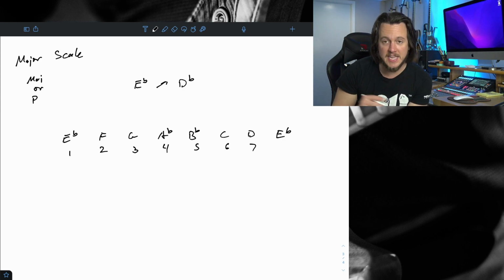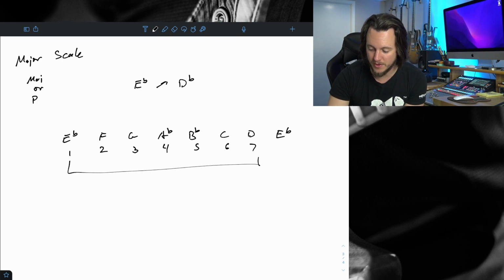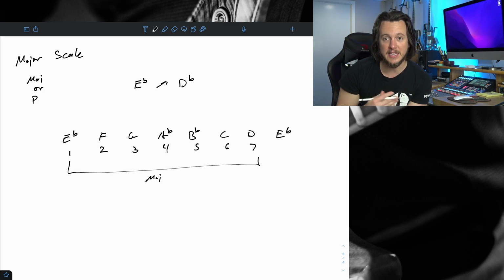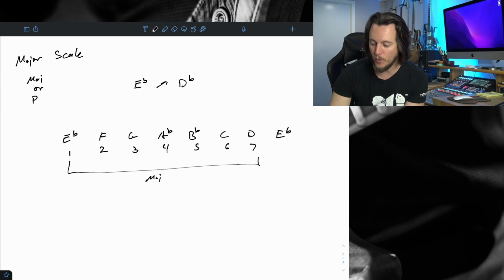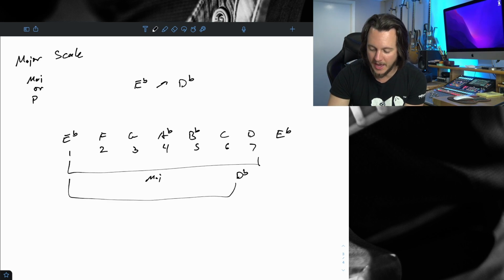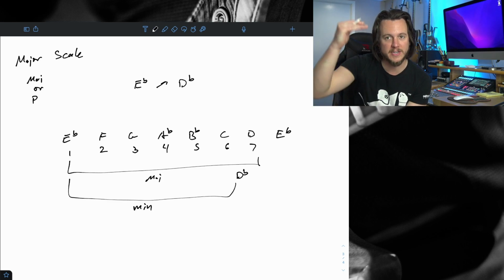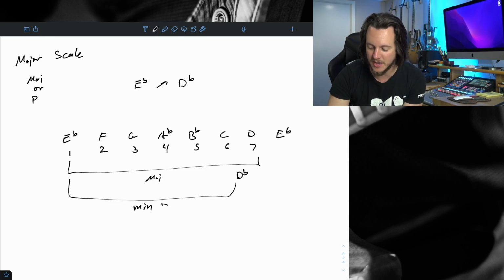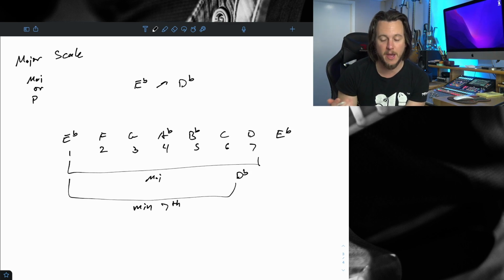Now, D is the naturally occurring 7th, so D is the major 7th in E flat, but we have a D flat. So then that distance is actually going to be a minor. We brought it down a half step. That's a minor 7th. Or if we're talking about the number system, we could also say that it's flat 7.